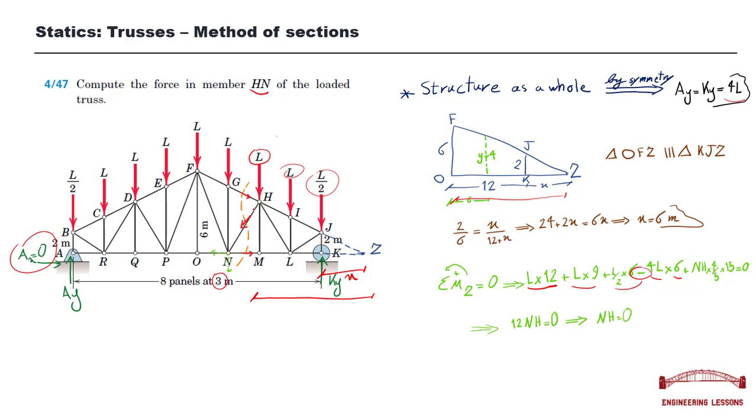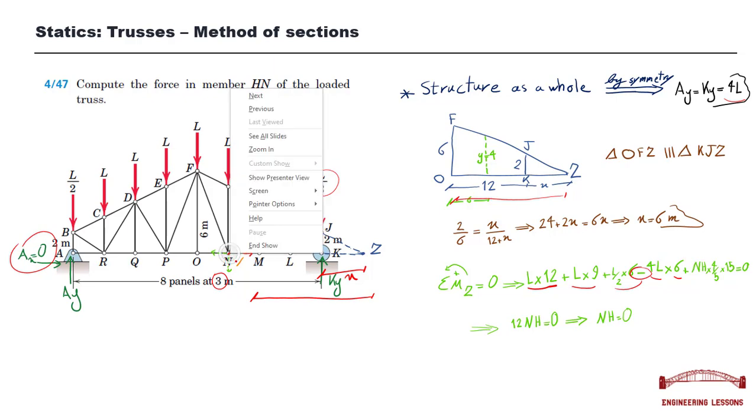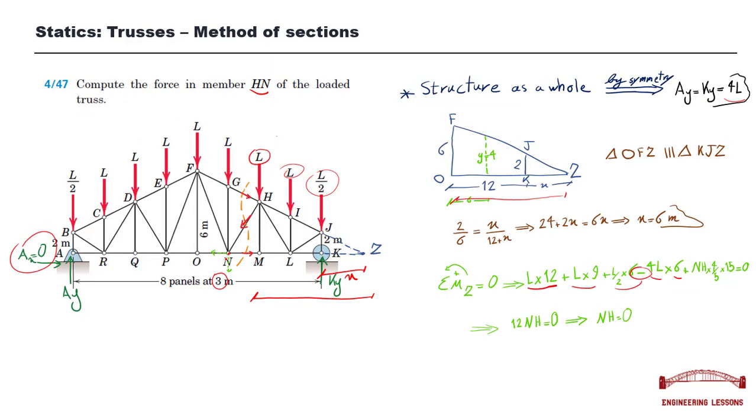We can decompose this force at any point that you like, it doesn't matter, but in order to simplify our equation further, I decompose it at point N, because if we decompose it here, our horizontal component is passing point Z, so it doesn't cause any moment about point Z. We can simplify our equation even further.